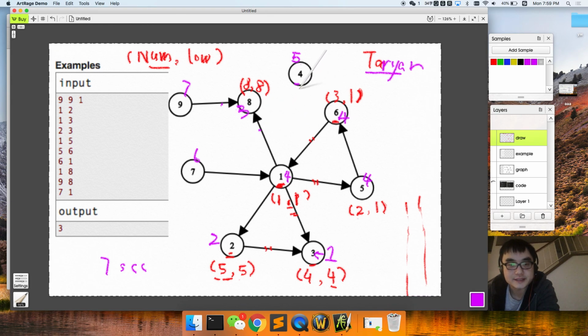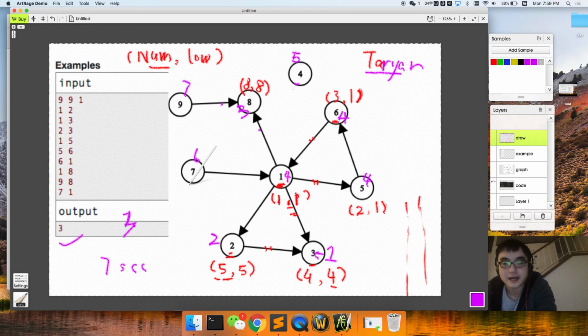For SCC5, the in degree is 0, so we increase the counter and move on. The SCC6 has no in degree, so increase the counter. And finally, we come to SCC7, and it has no in degree, so we increase the counter to 3, and we output 3 here. So I guess that's it.